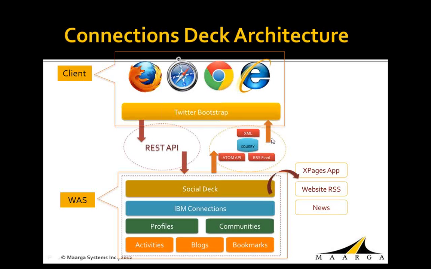We use something called XQuery, which takes the results of the API calls, puts it all together, and then showcases it as XML in the UI. And the way it connects to an XPages application or other RSS feeds is just by using RSS.